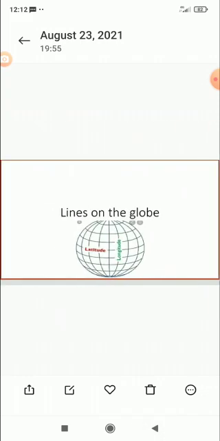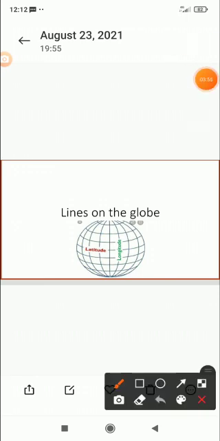Children, lines on the globe. Observe the globe. Yes, many lines across the globe. Some lines run from North Pole to South Pole.